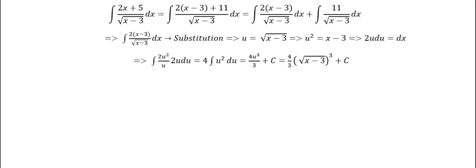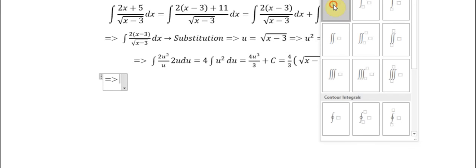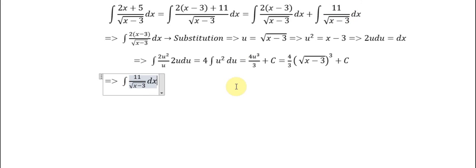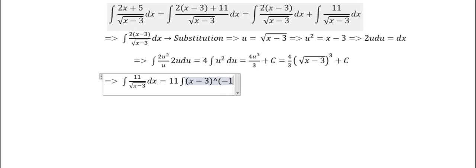So on the next one, we have the integral in here with 11 ds, but we know that square root is about 1 over 2, but they divide in here, so we change to s minus 3 power minus 1 over 2.